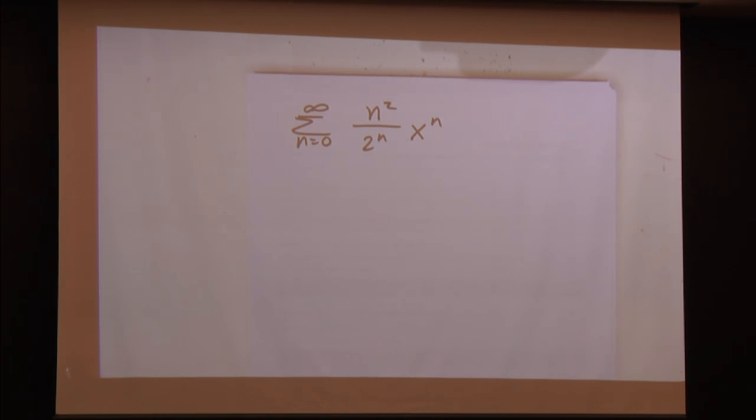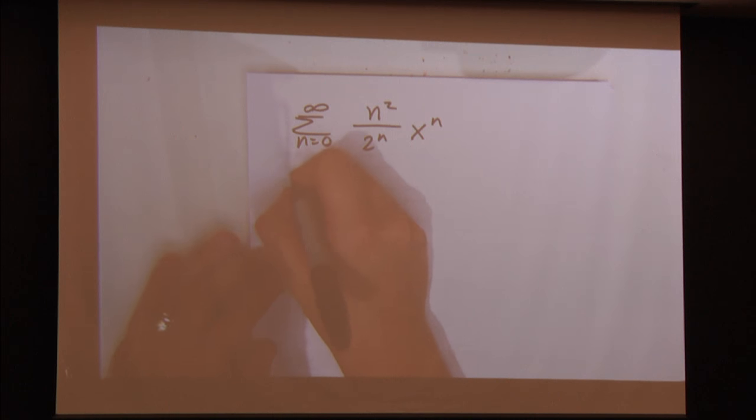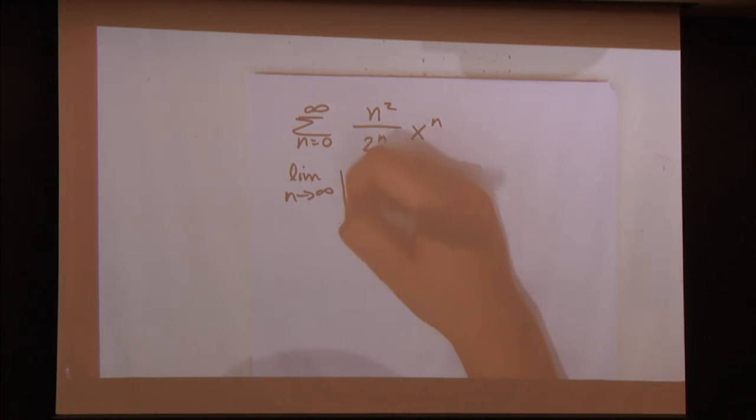Okay, so ratio series. Not ratio series, that makes no sense. Ratio test. We're going to do ratio test on this guy because he's a power series, and then you want to find the interval and the radius. So if we want to do ratio test, we take the limit as n goes to infinity of the absolute value of a n plus 1 over a n.